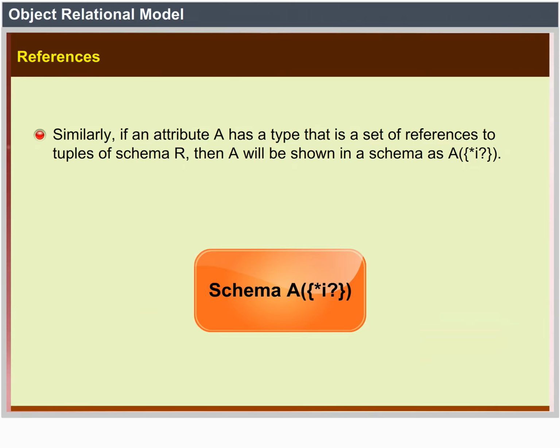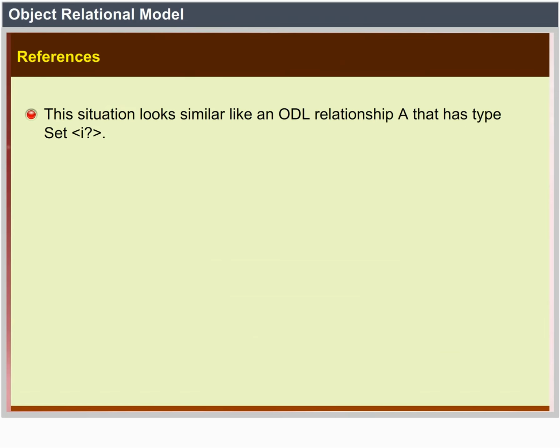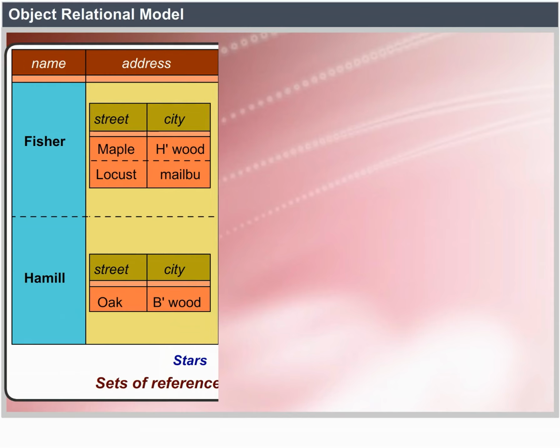This situation resembles an ODL relationship A that has type set R. Sets of references as the value of an attribute.